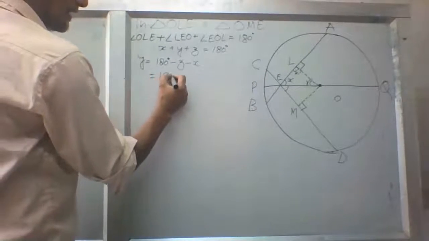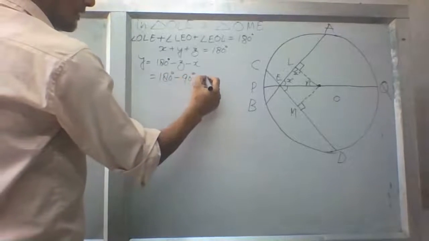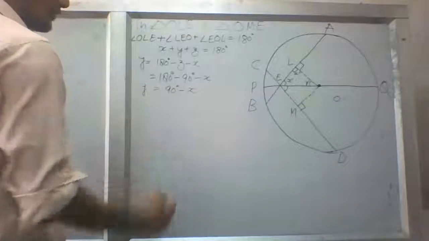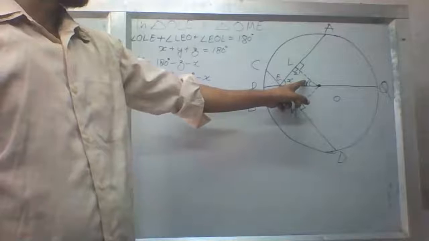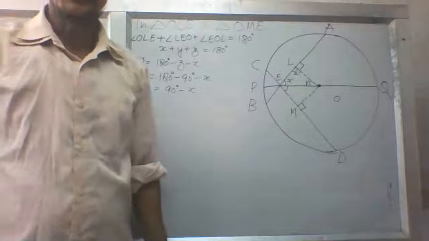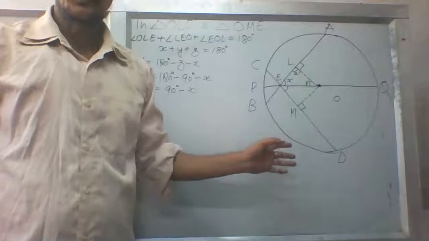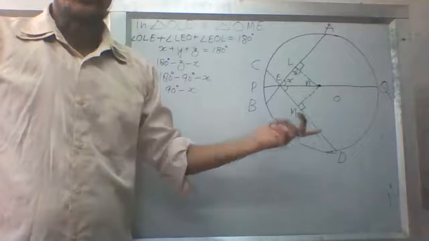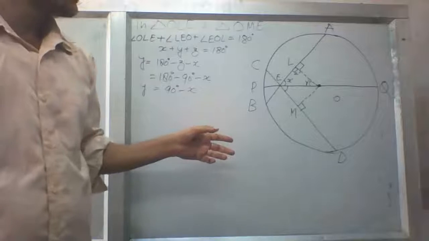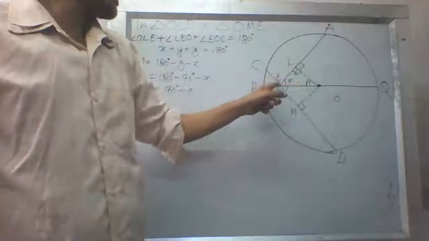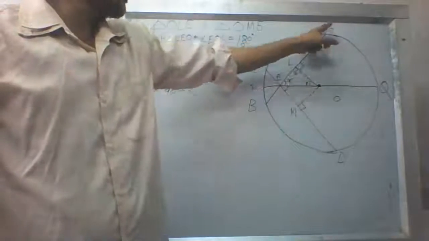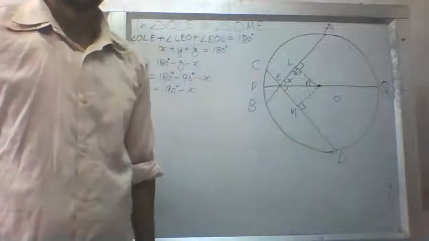So this will be 180 degrees minus 90 degrees minus x, means 90 degrees minus x is equal to y. So y is equal to 90 degrees minus x. Got it? Now what happens? 90 degrees minus this angle LEO, means x, is equal to angle AEQ. You can write it down.